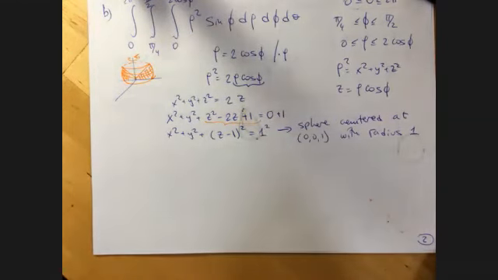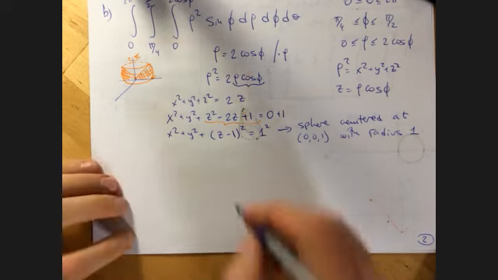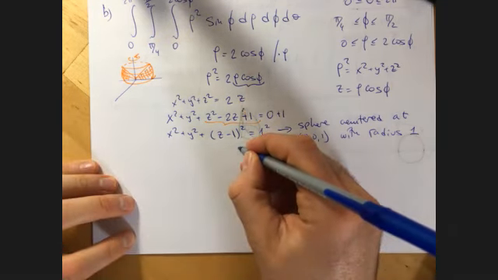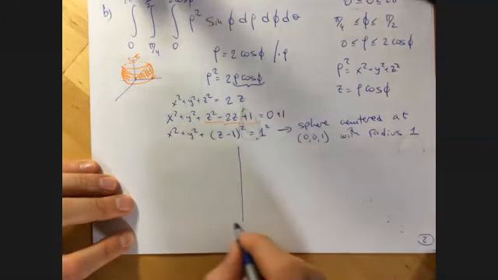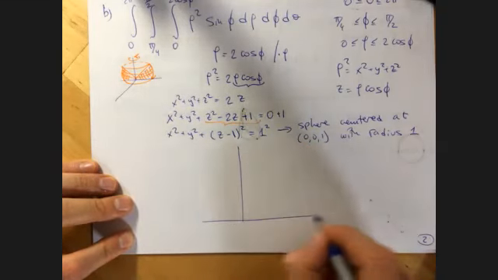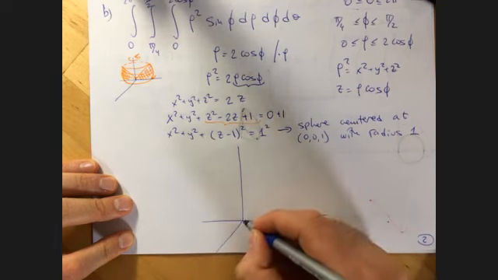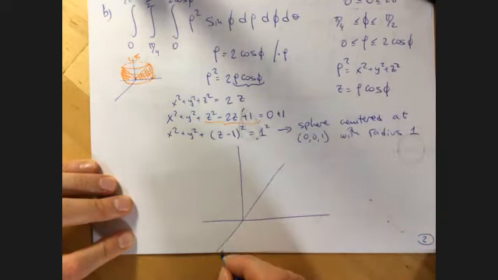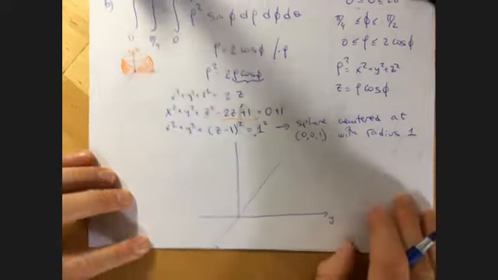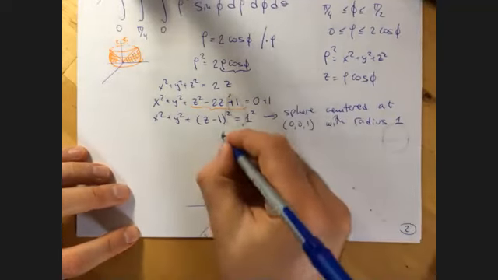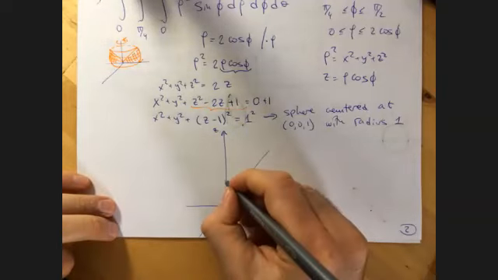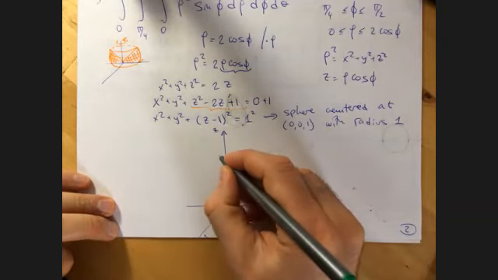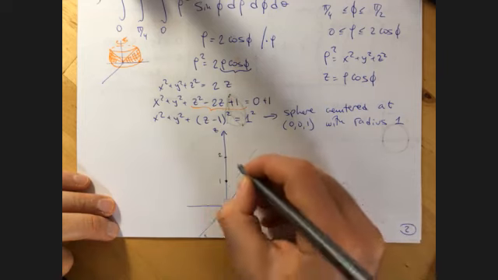Okay, so now we have everything. So this is the x-axis, the y-axis, and the z-axis, okay? So if this is 1, let's say this is 2, the center of the sphere is here.